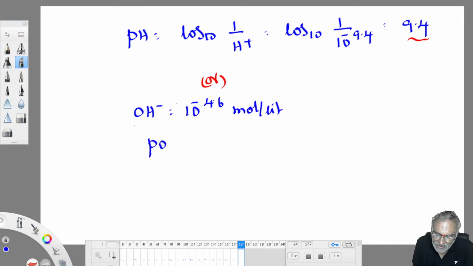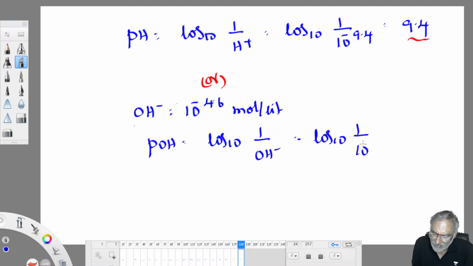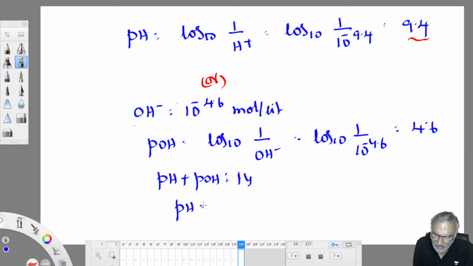Therefore, pOH is equal to log 10 1 by OH minus ion concentration, log 10 1 by 10 power minus 4.6, which is 4.6. Since pH plus pOH is equal to 14, pH is equal to 14 minus pOH. So 14 minus 4.6, which is equal to 9.4.